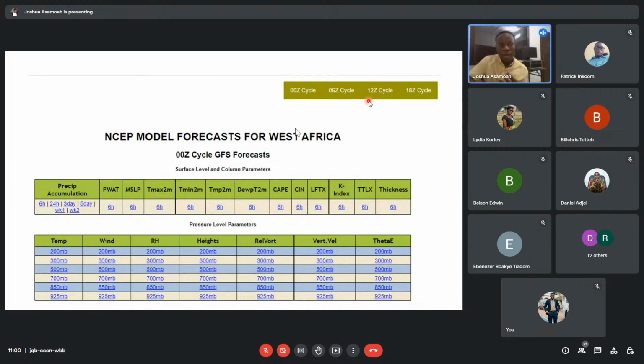I check the midnight cycles and I'm seeing very dry conditions for 09. But I'm seeing very moist conditions now. So the models were not really predicting those kind of conditions well. In that case, I wouldn't rely on that midnight cycle. I can go back to 1800 cycle and see if it also predicted the conditions I'm seeing at the moment. If it did, then it means I can rely on that particular model or cycle for subsequent hours to come.